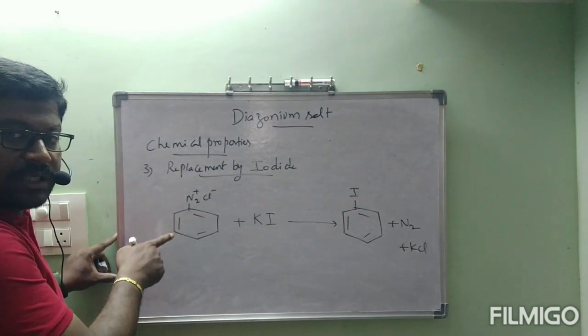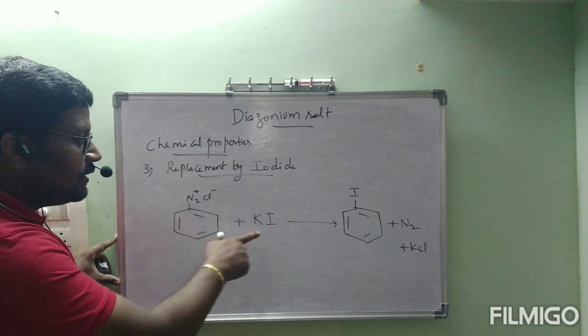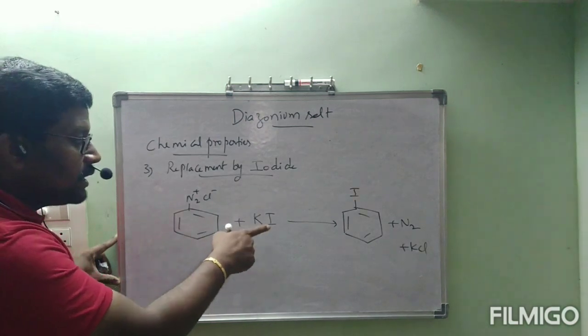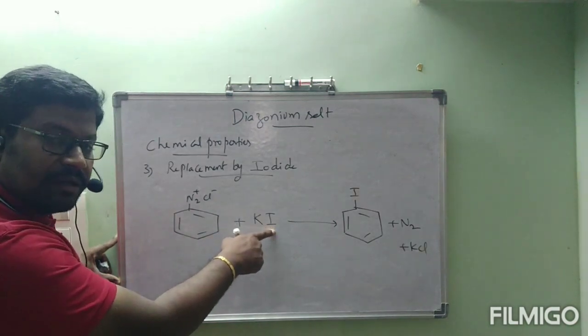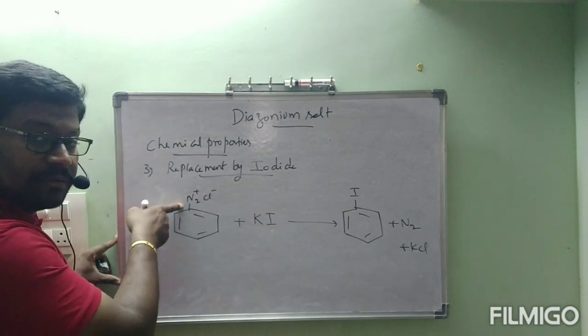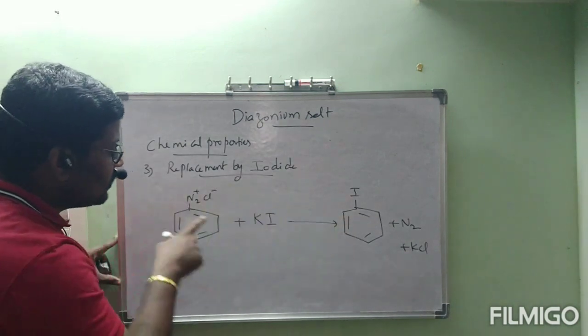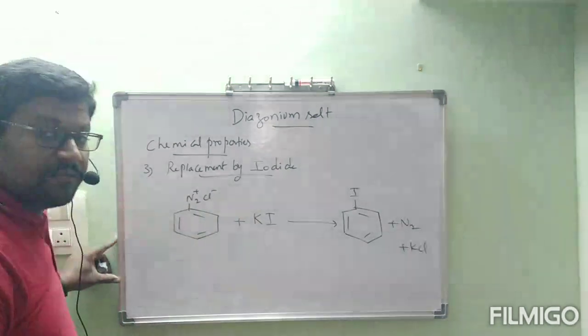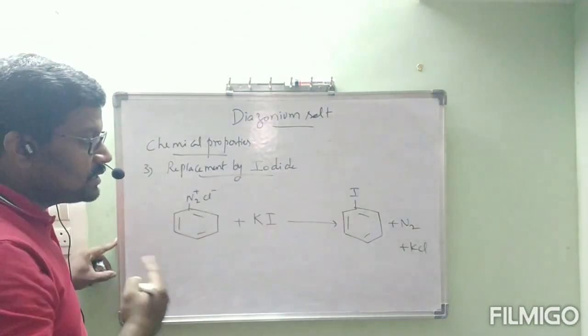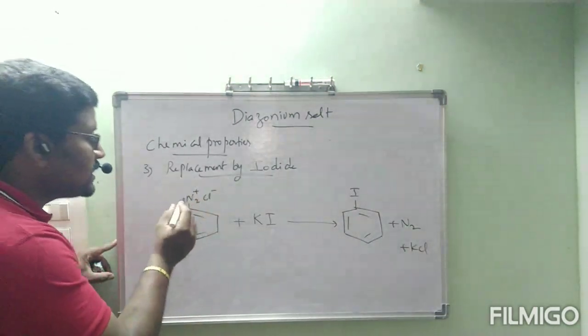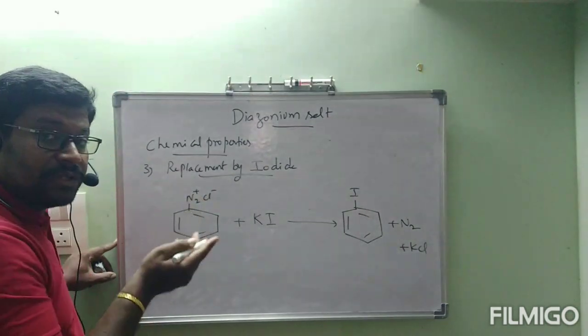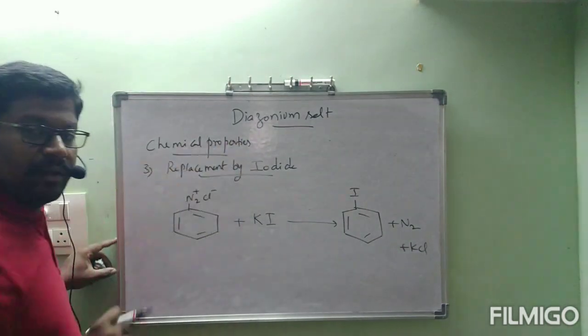What is the substance present here? Iodine. This iodine is going to displace the diazonium group, nitrogen will come out, and the Cl- and K+ will form KCl. This is the way we replace the N2+ diazonium group with iodide.